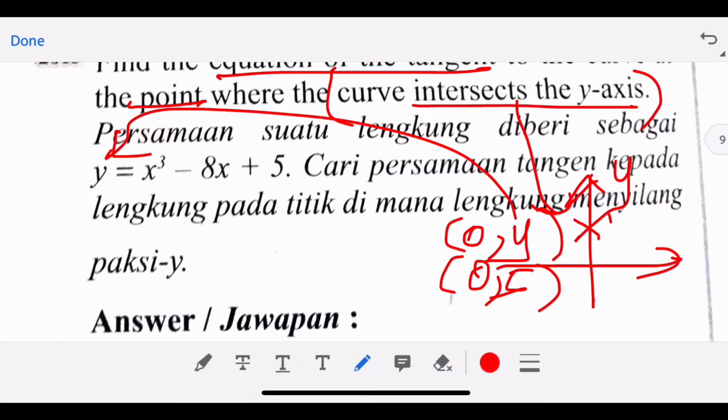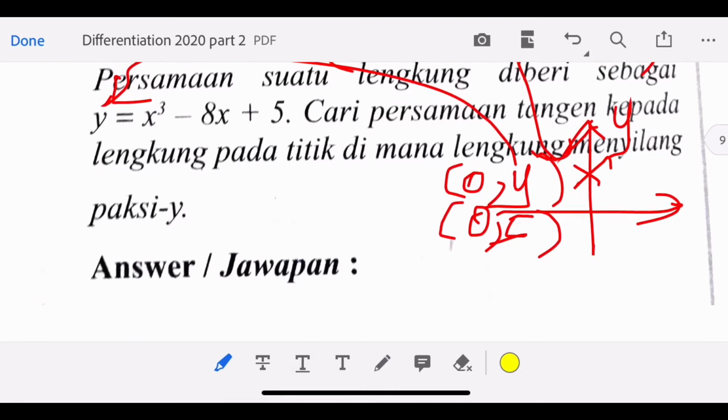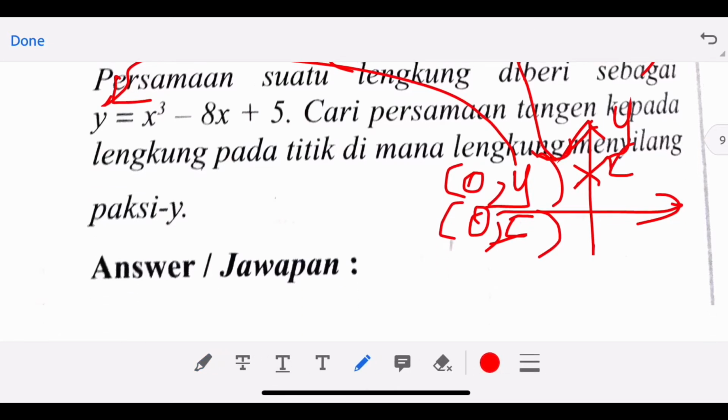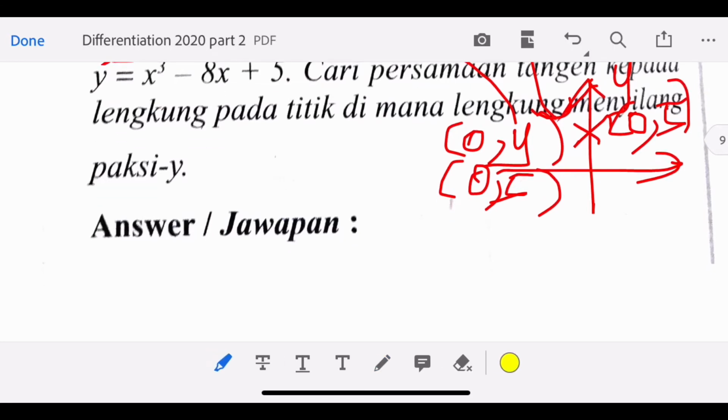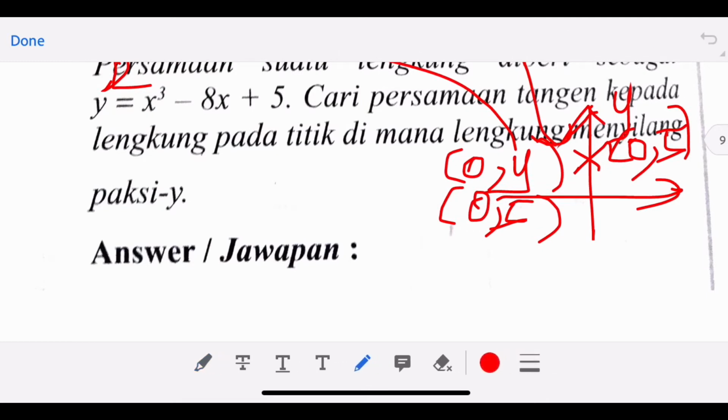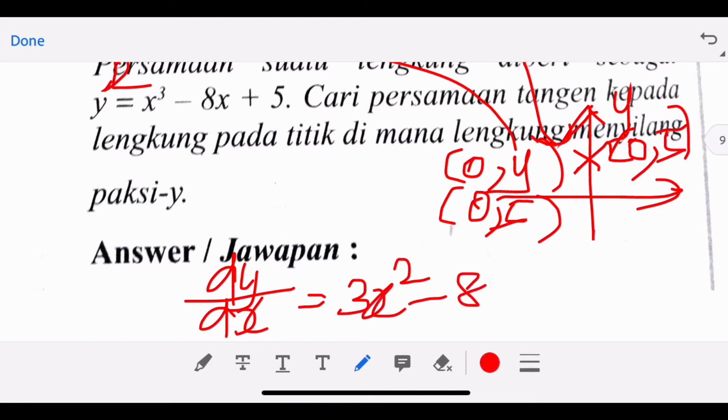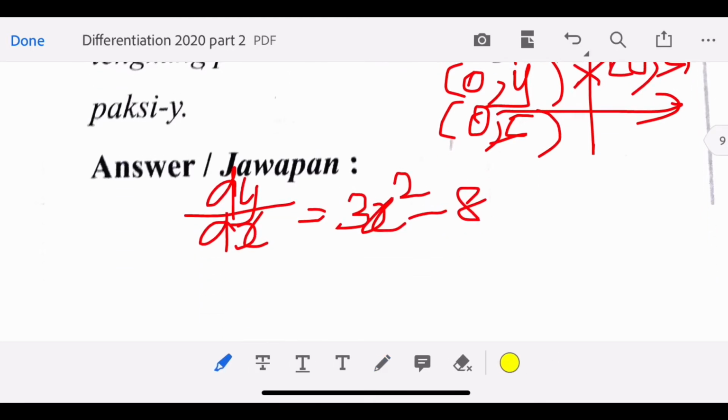So you have to solve the x value first. Sometimes they want you to think how to get the point on your own. So you just try to sketch and find the point first. So when x is equal to 0, looks easy for you. So we do dy/dx now. dy/dx is 3x squared minus 8, right? Then you substitute 0.